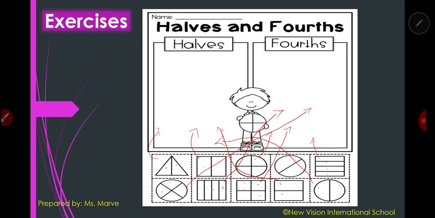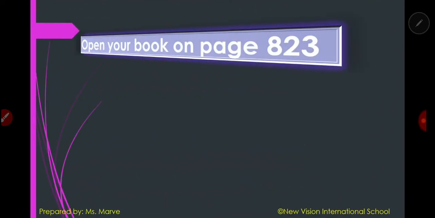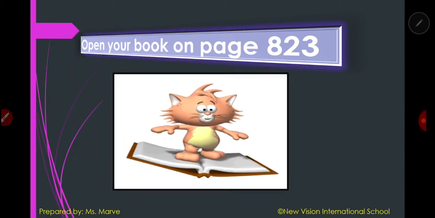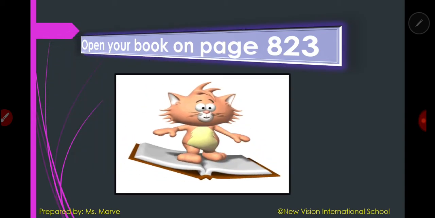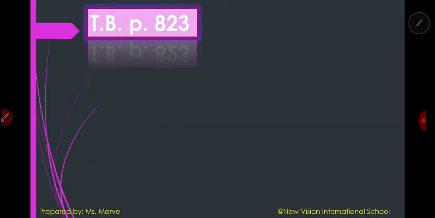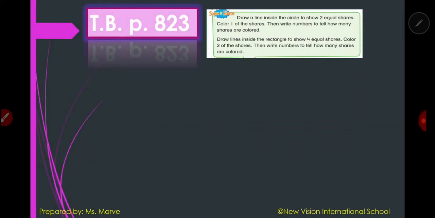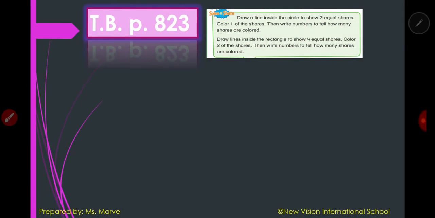Okay. So, open your book on page 823. Again, open your book on page 823. In here, we are going to draw a line inside the circle to show two equal shares.